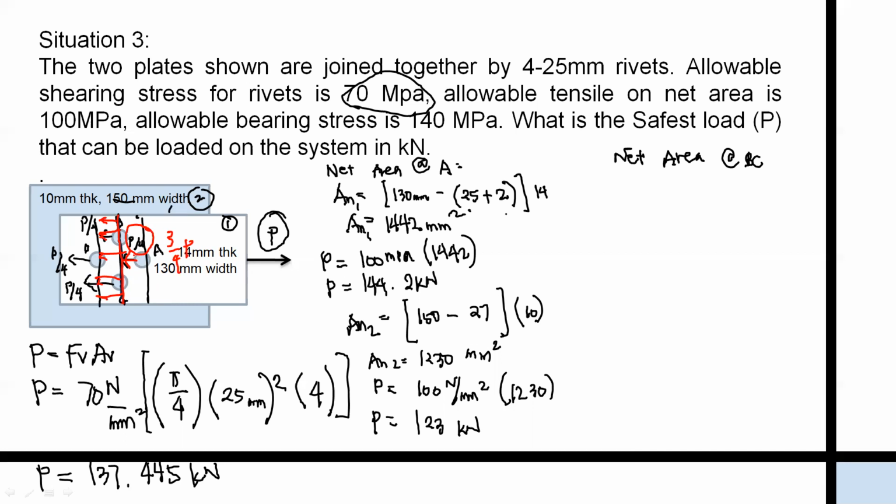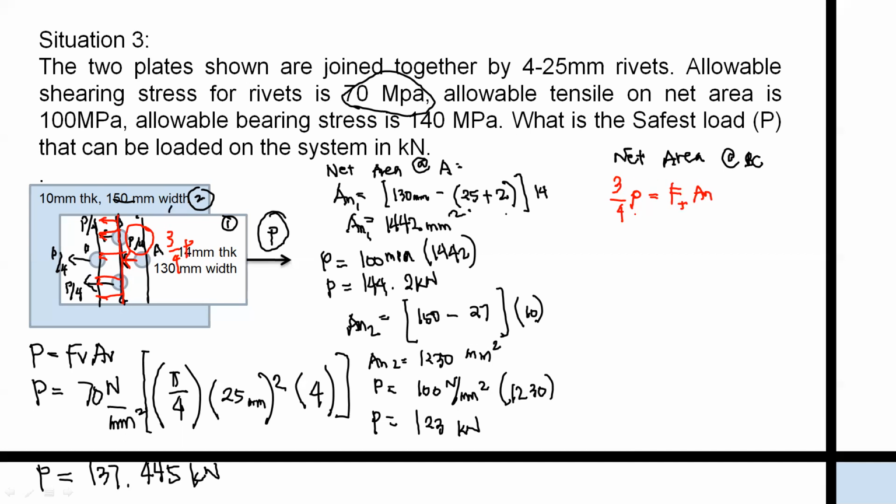Na-resist na siya ng A. So, ang i-resist na lang natin ng system na naiiwan sa atin is that yung P over 4, P minus P over 4 or 3/4 of our P. So, yung ating magiging formula would be 3/4 ng ating P equals ating allowable shear and the net area.